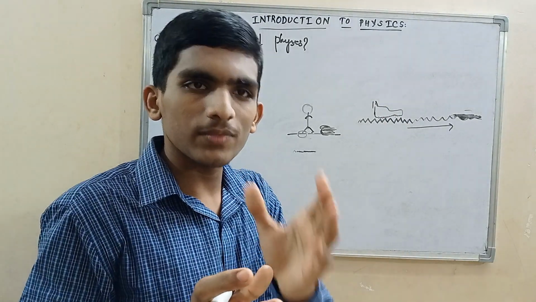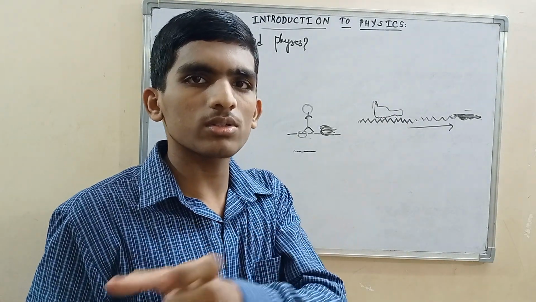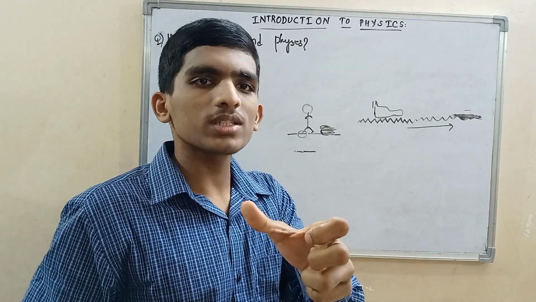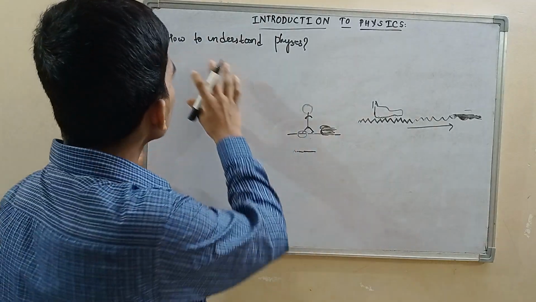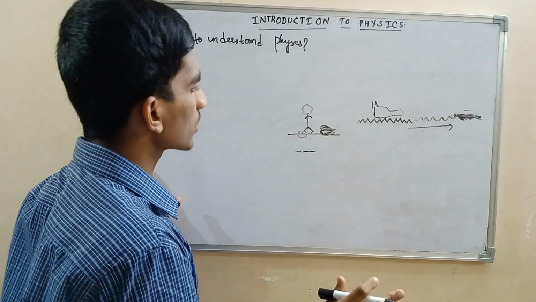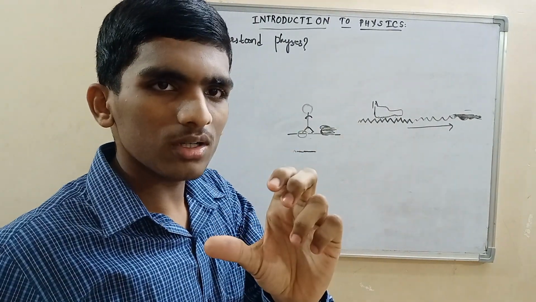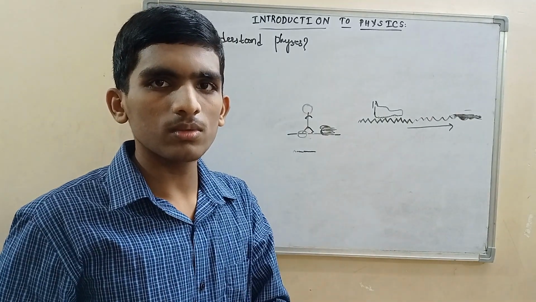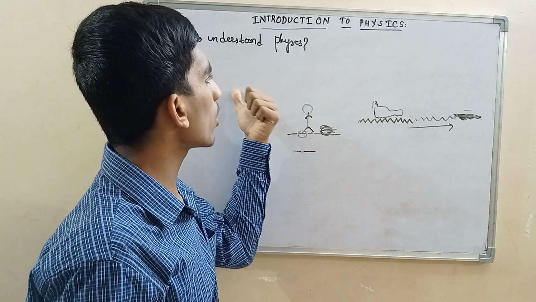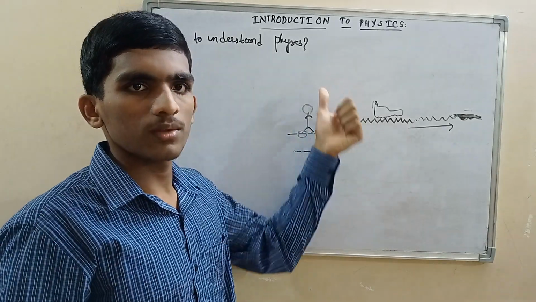Don't feel like that. During the topics, everything will be cleared. Don't be afraid. This is about how to understand physics. I am saying it very short, since making it more lengthy won't be clear for you. You will be confused too. Don't worry.